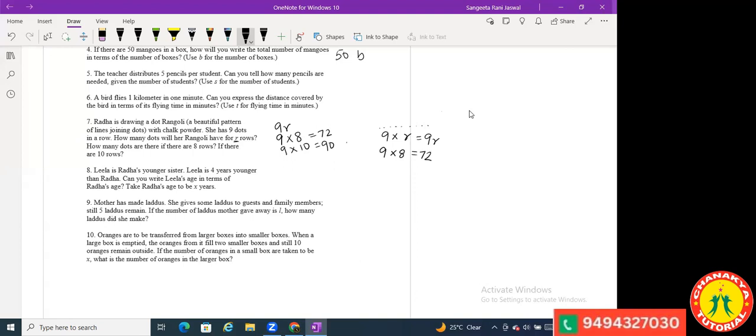You understood this? Yes, ma'am. Now if the number of rows is increased to 10, these 10 rows multiplied with 9 dots in one row will give us 90 dots. Got it? Yes, ma'am.